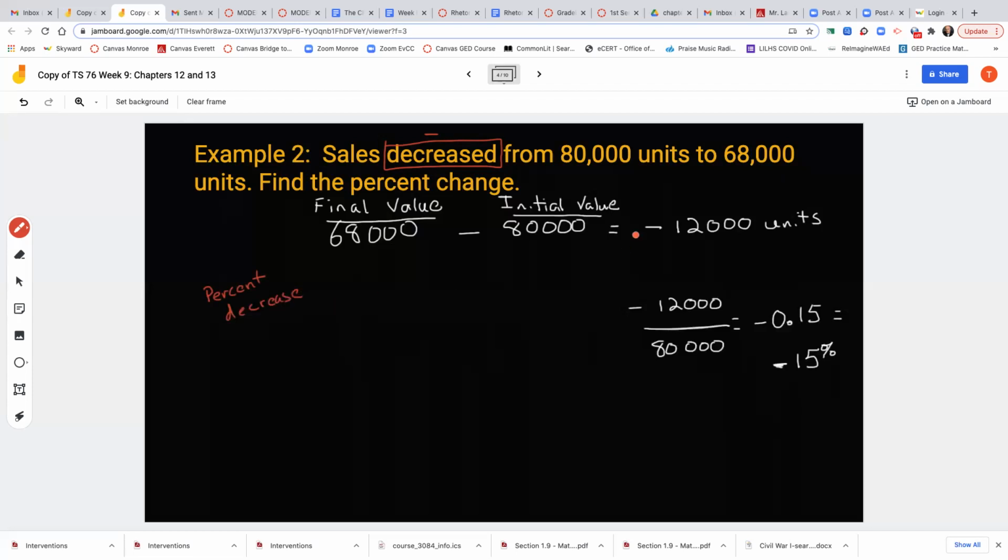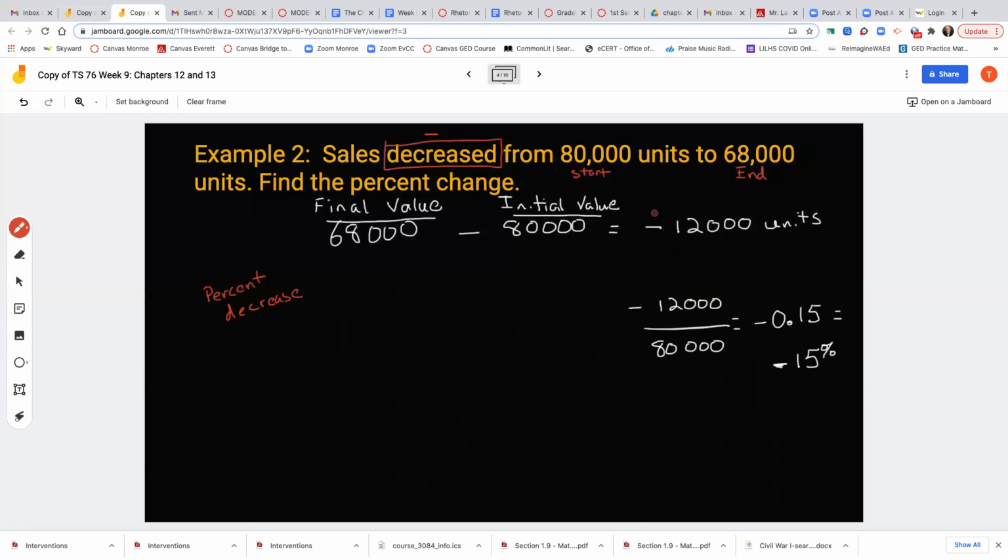What percentage did it go down? Take my formula here. Final value went from this to that, so I take my 68,000. This is my end value. Remember, I abbreviated. This is the final value. This is my initial value, which is now the start value. So final value is 68,000 minus my initial value, and I get a negative.